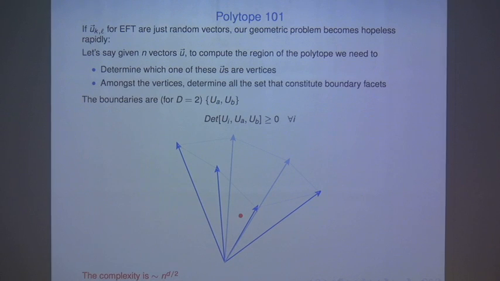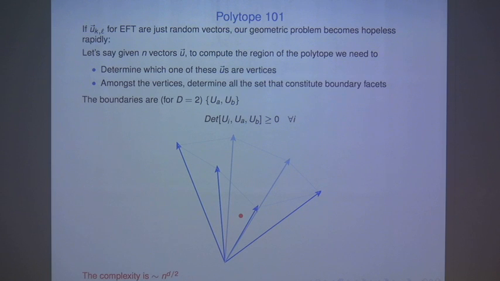To see why it's practically useless: if we really want to decide whether or not something is inside, what do you need to do? Well, first you need to decide which of these vectors form the vertices of this polytope. Once you know which ones are the vertices, then you need to determine the boundaries of this polytope.